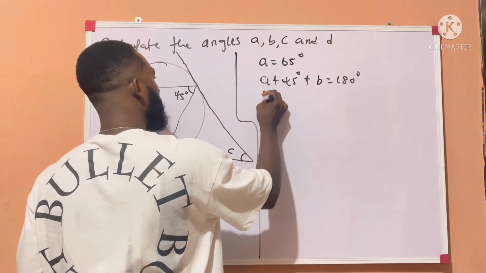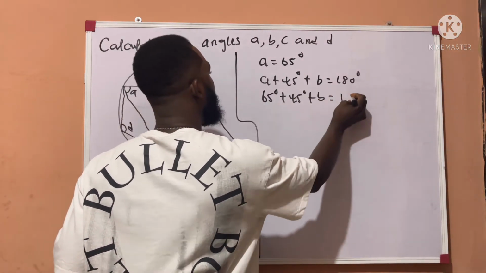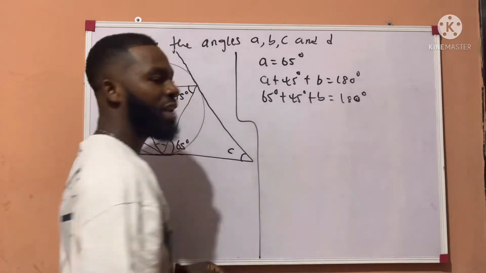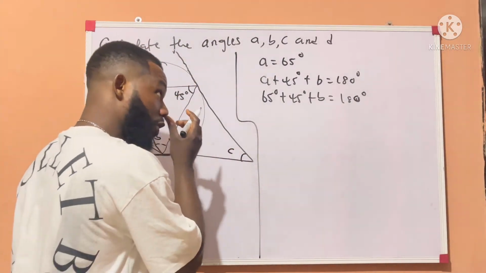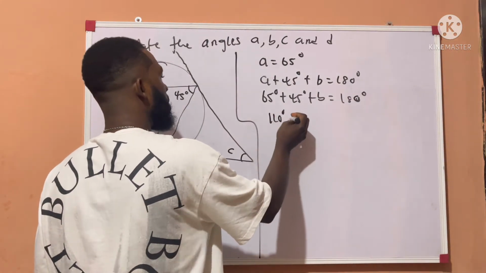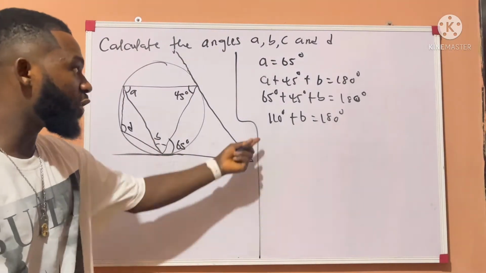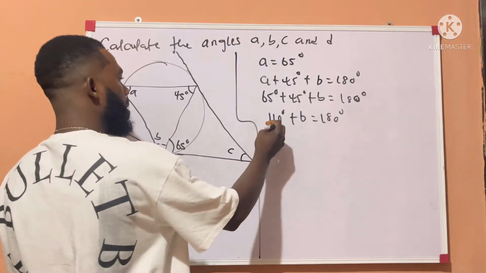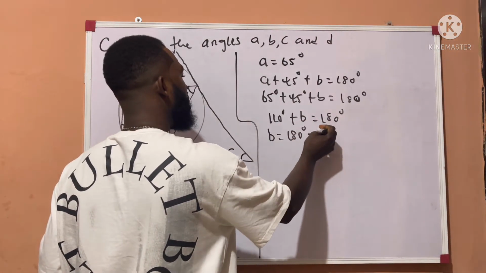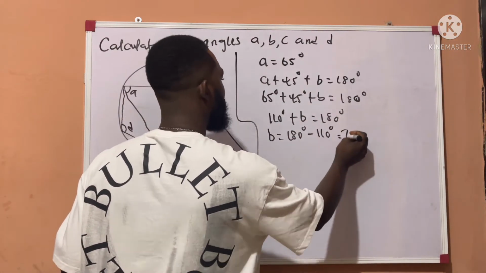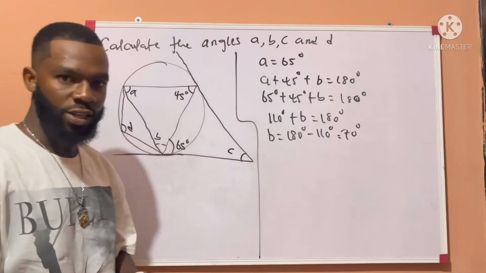So here it becomes 65 degrees plus 45 degrees plus B is equal to 180 degrees. And 65 degrees plus 45 degrees gives us 110 degrees plus B is equal to 180 degrees. If we collect like terms, B is equal to 180 degrees minus 110 degrees, which gives us 70 degrees. So the value of B is 70 degrees.